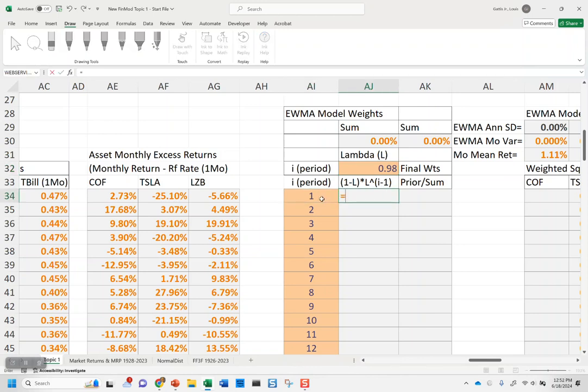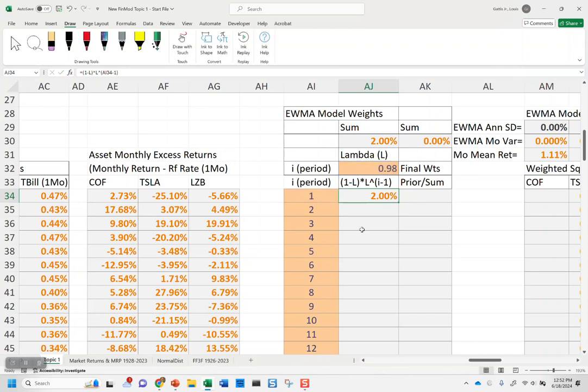I'm going to say equals 1 minus lambda, which is just L, times lambda to the power of i, which is period, minus 1. Okay, 1 minus 0.98 times 0.98 to the 1 minus 1, which gives me 2%.